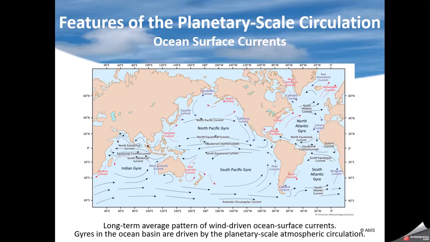And here is the ocean circulation. Look at it. You have a big North Pacific gyre and North Atlantic gyre. And that North Atlantic gyre rotates clockwise. So that is why on the east coast of the U.S., we get warm Gulf Stream currents. It keeps us warmer in the wintertime, literally, than we would be otherwise.